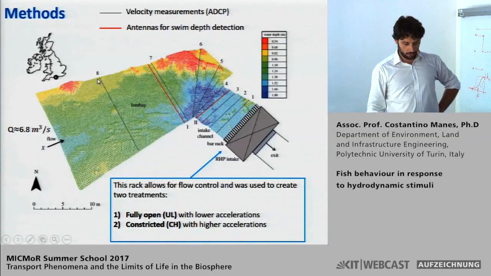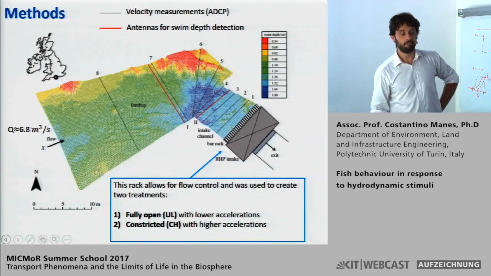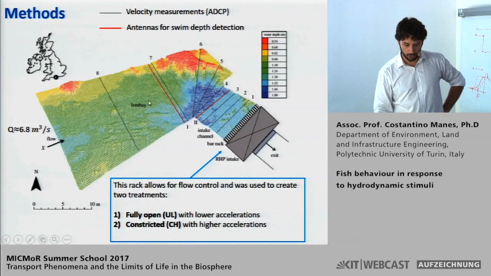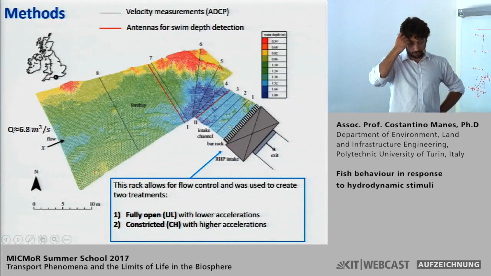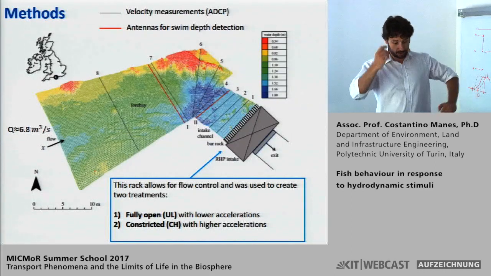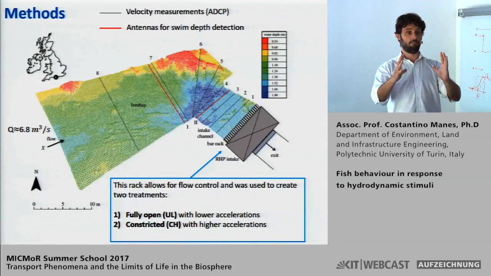I was saying before doing the eel experiments, we did some transects with an instrument called an ADCP that allowed us to measure mean velocities in a few cross sections of the channel, and these are the black lines. Just a little bit of background, an ADCP is a big instrument with a huge sampling volume.